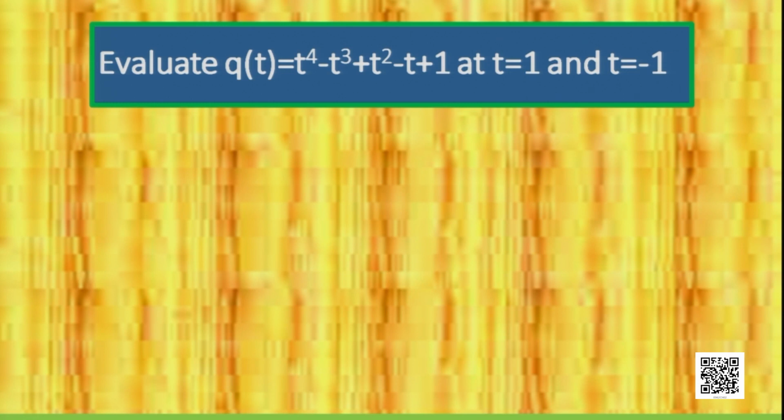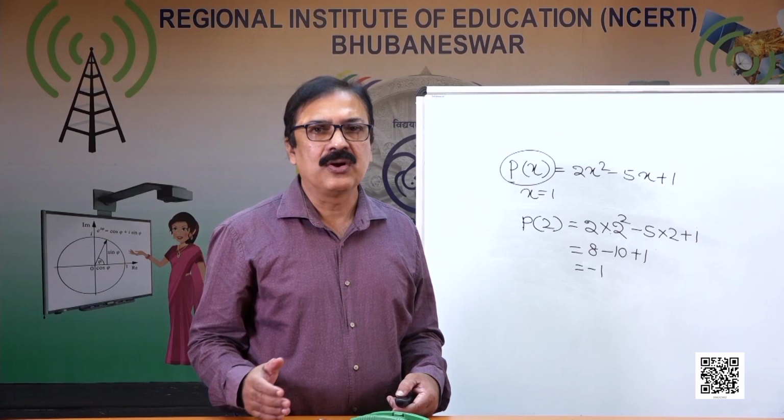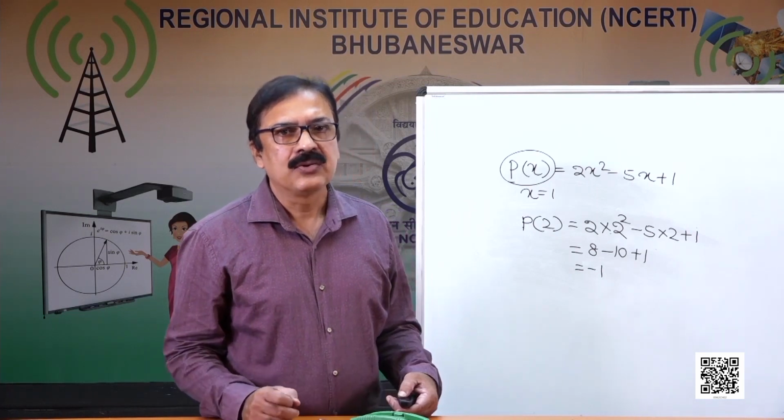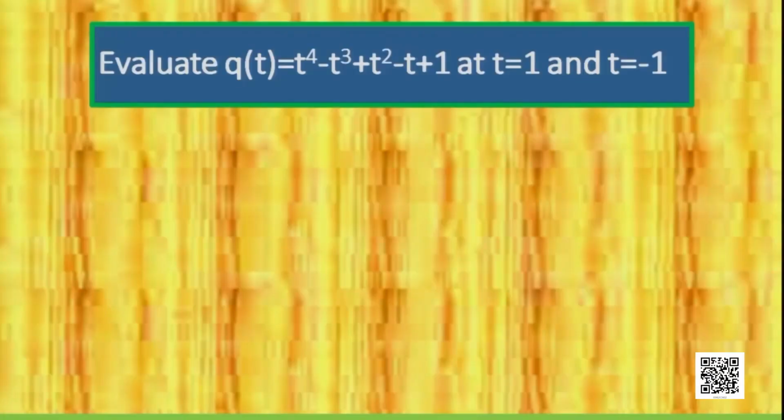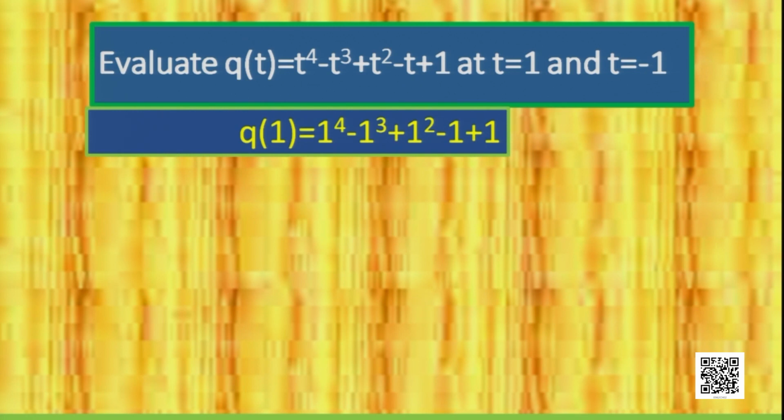Here it is written as q(t) = t⁴ − t³ + t² − t + 1. This is a polynomial in t. Now how to evaluate it? See, for t = 1, what to do?